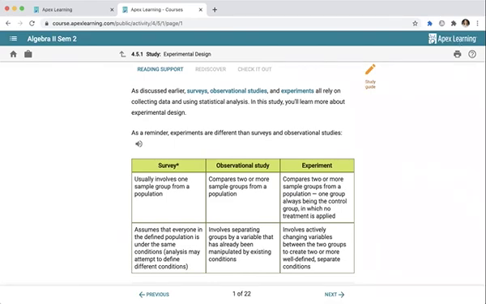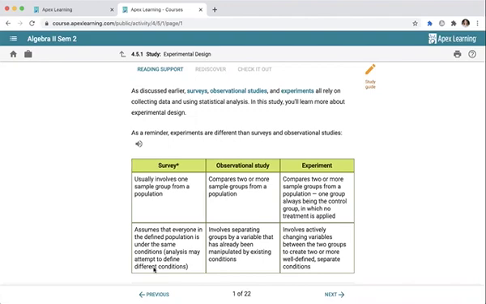And there's a difference between observing them naturally and between the survey, right? Because in a survey, people are more inclined to be dishonest, and that was one of the things we talked about.